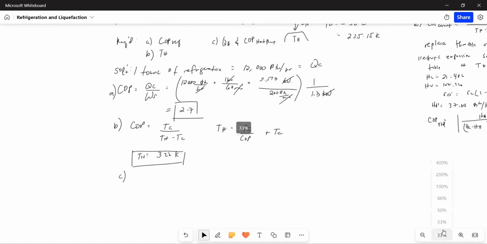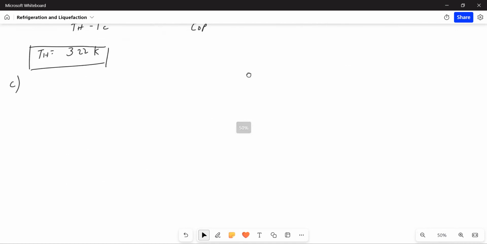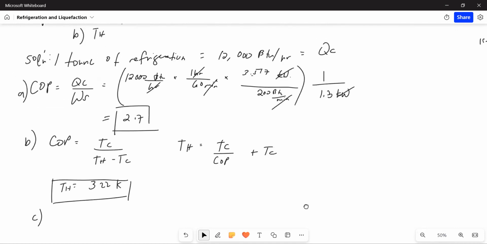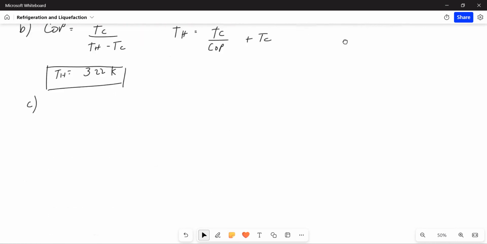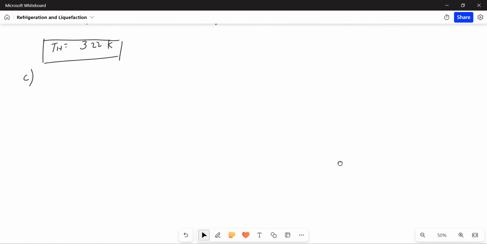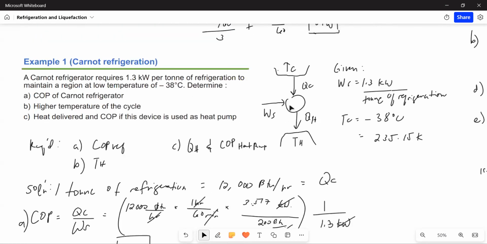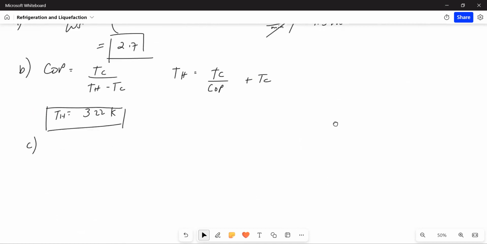And finally, letter C. We're being asked for the QH and COP of the heat pump. It's not reversed, it's still the same flow, but the valuable product is QH. My valuable heat is QH as a heat pump.